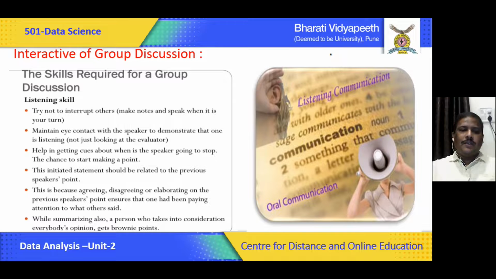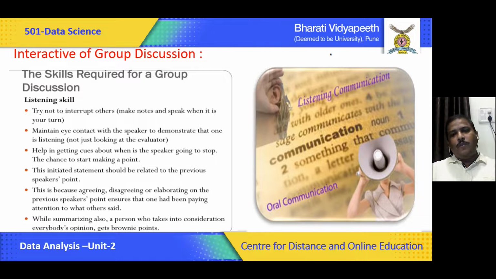Don't interrupt others, because by interrupting we may neglect some important points and thoughts which have to be discussed. Maintain eye contact with speakers to demonstrate that you are listening, not just looking at your evaluator.